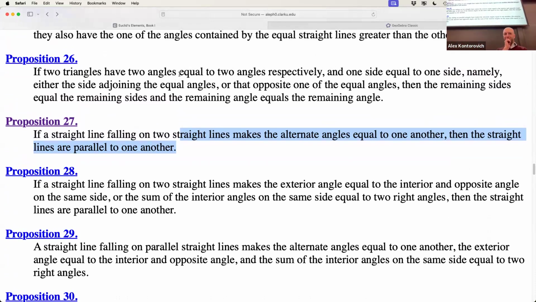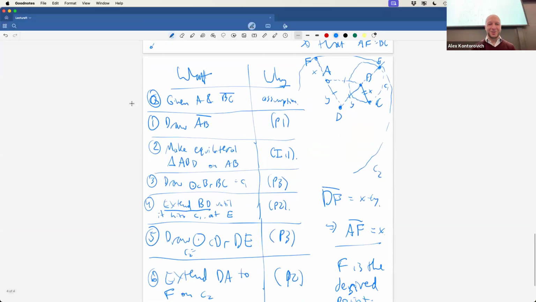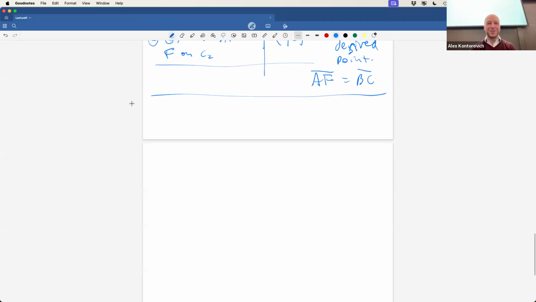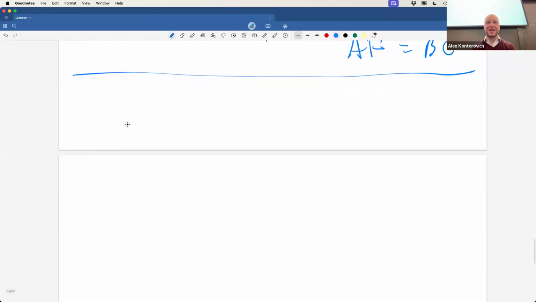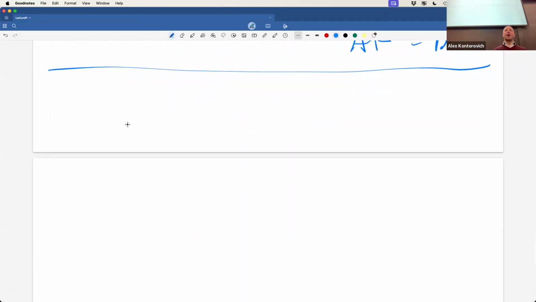Laurie. The parallel, this is real. Okay, so let's talk about this just for a second. The parallel postulate is saying something that's like the converse. The parallel postulate is the converse to I27.